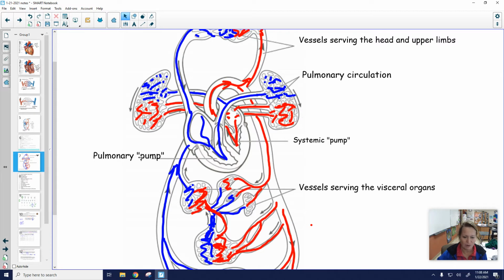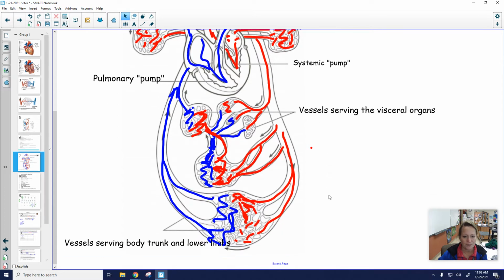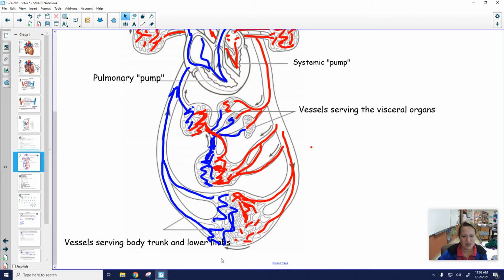For this one, for pulmonary pump, the systemic pump is the left ventricle, pumping to the rest of the body. The vessels that are serving the organs of the body are found here. So the oxygenated blood is going to come to them and the deoxygenated blood is going to return. And the vessels down here, this is representing your trunk and your lower limbs.